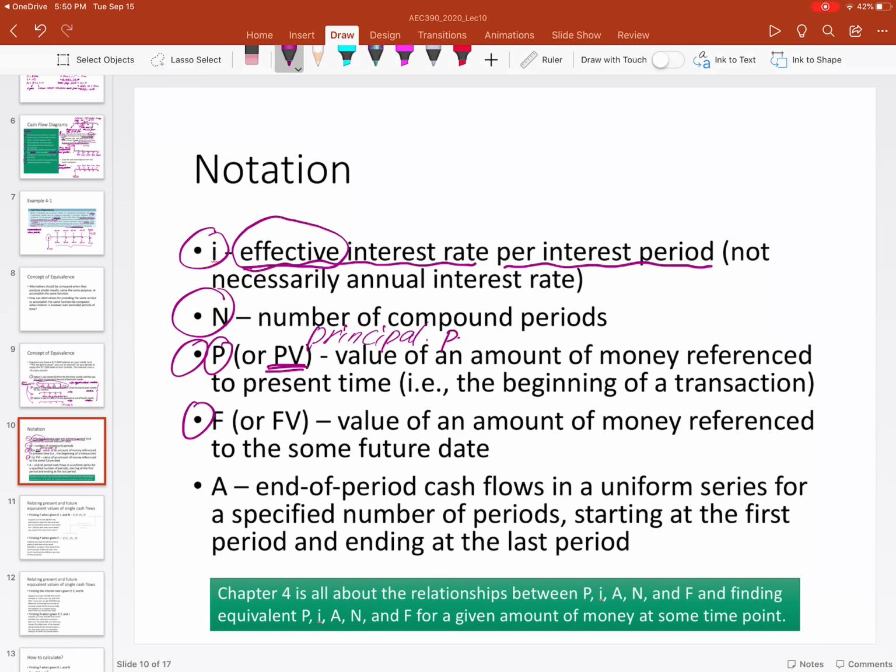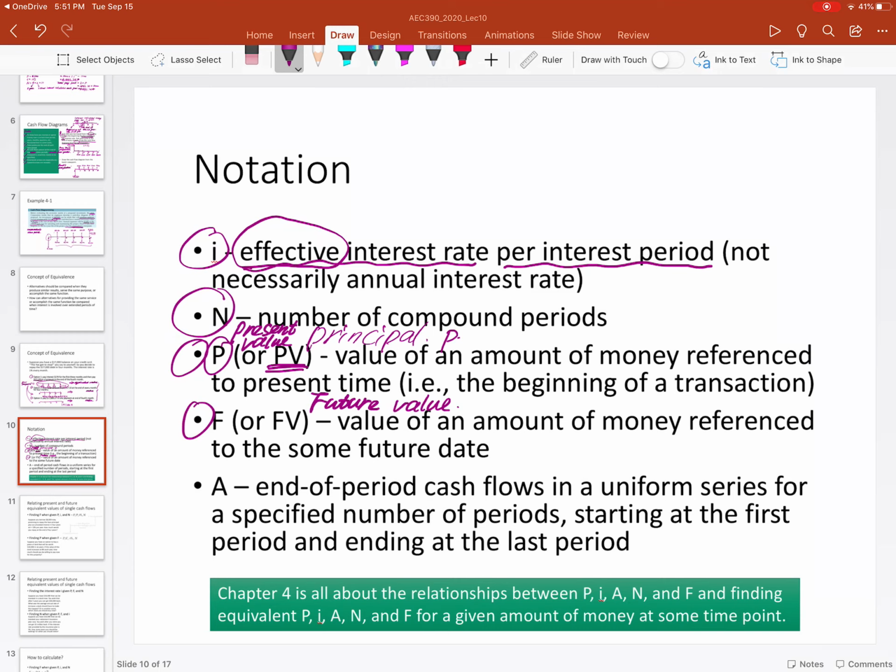Okay, and then the next thing is the F or FV, future value. So PV is the present value. Future value is the value of an amount of money referenced to some future date.